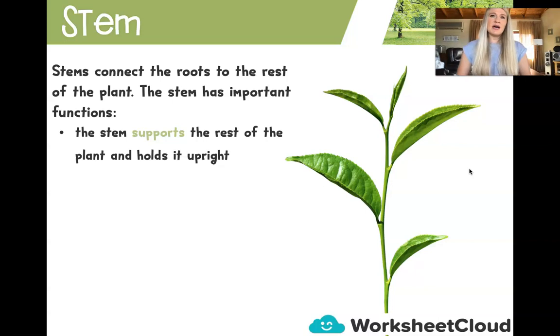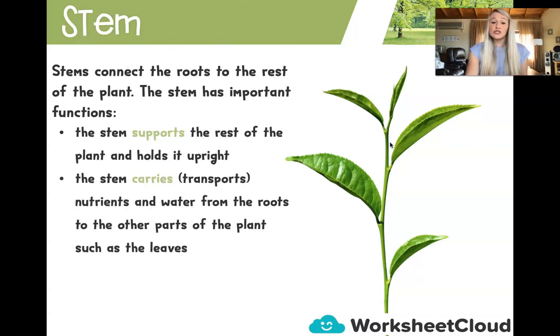Just think about, very similarly, how we have a backbone, our vertebrae. And just like how we've got a backbone to keep our bodies upright, the stem has the same function for a plant as well. The stem, as you can see in this picture, is keeping the plant upright, as strong as possible, so that the plant is not droopy from left to right.